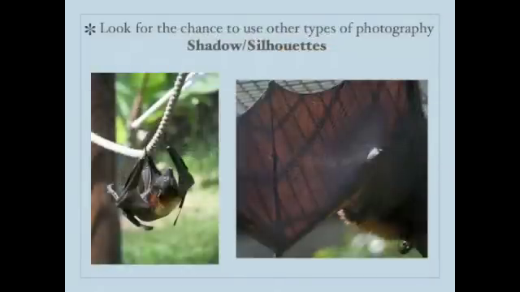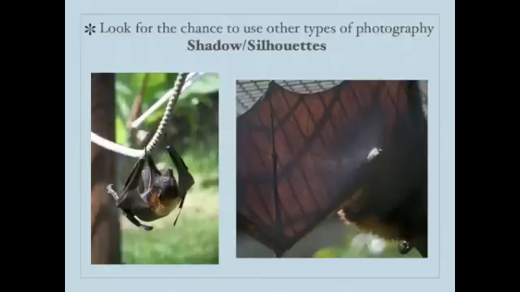So the other thing to keep in mind is look for a chance to use some of the other types of photography that you've learned. Now, on our last episode, we had done shadows and silhouettes. So I went into the area where they had the flying squirrels. And so I saw these little flying squirrels. They kind of look like bats, to me at least, and they're crawling around on their little wires and ropes and everything.